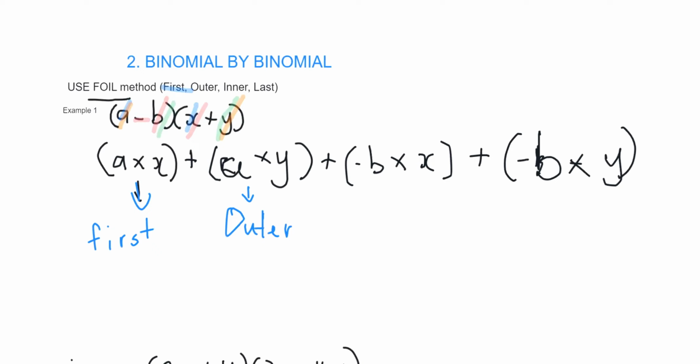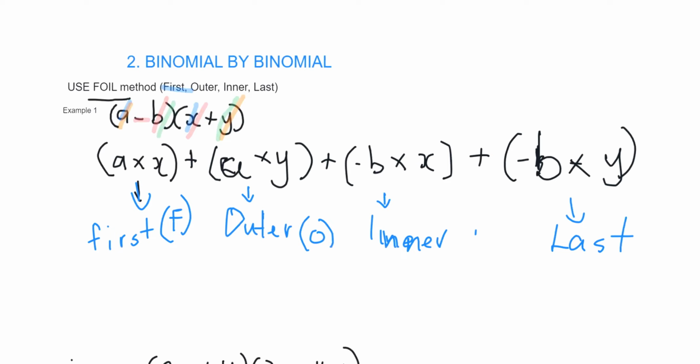This one represents our inner, and then the last one represents your last. So you see, you still get your FOIL. This is what we are referring to when we refer to our FOIL method.